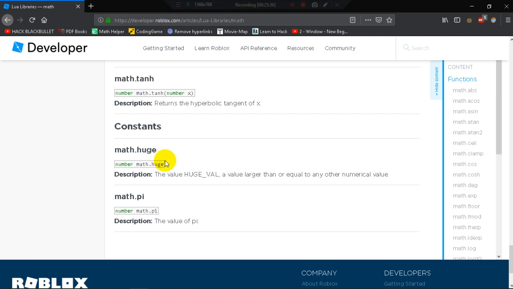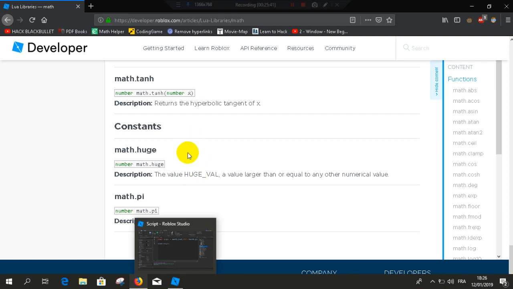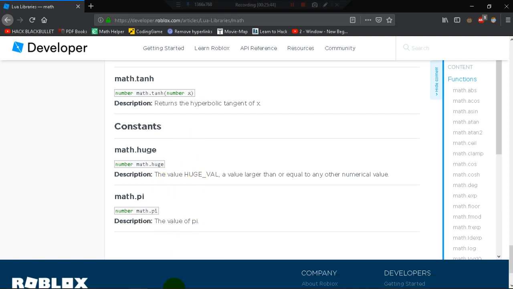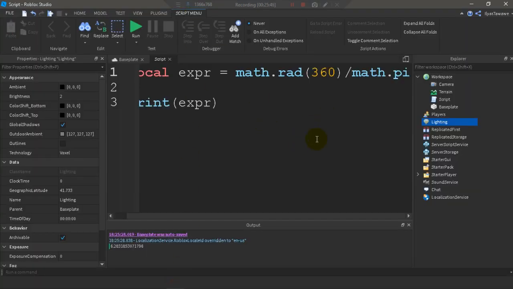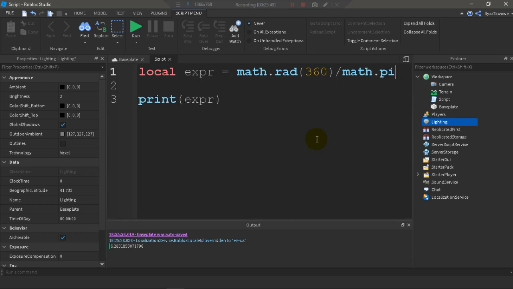Well, it's infinity in Lua, and it's equal to a really big number that cannot be represented as a normal value, at least in Lua. Because you know the power of PCs is limited, as we know. Every PC and every language has its own power of calculating numbers.